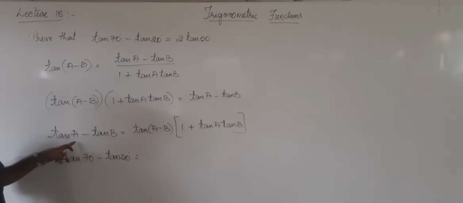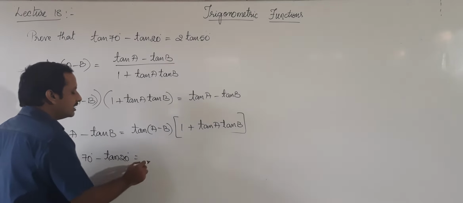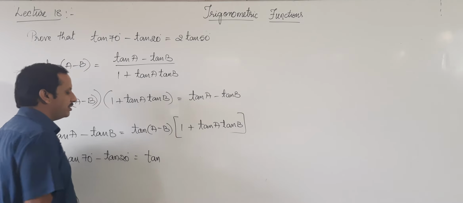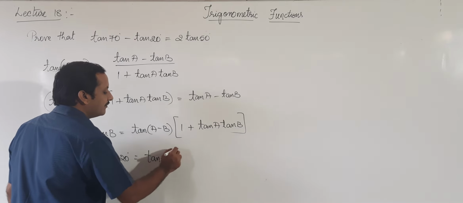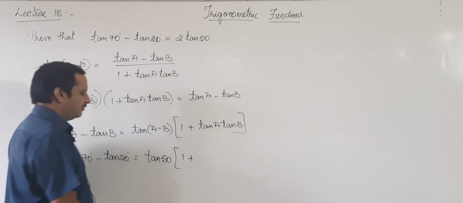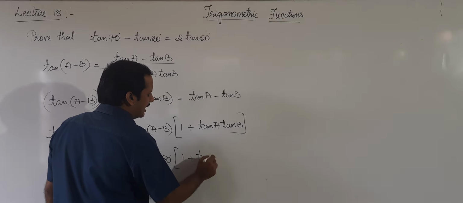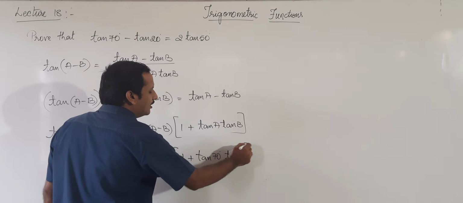In place of A, I have 70 degree, and in place of B, there is 20 degree. So that's equal to tan A minus B, which means 70 minus 20, which is 50 degree, into 1 plus tan A tan B, that is tan 70 into tan 20.